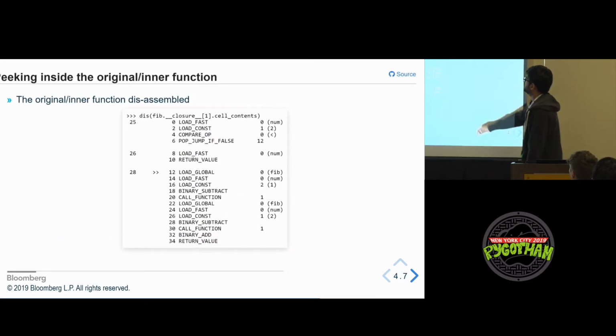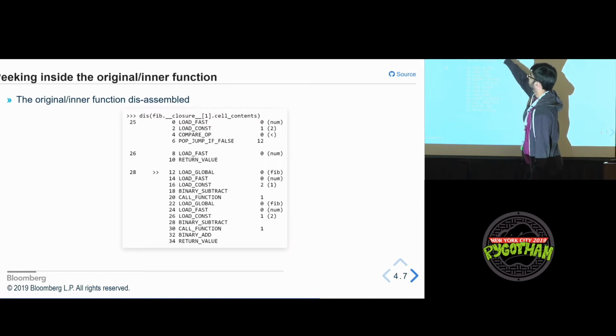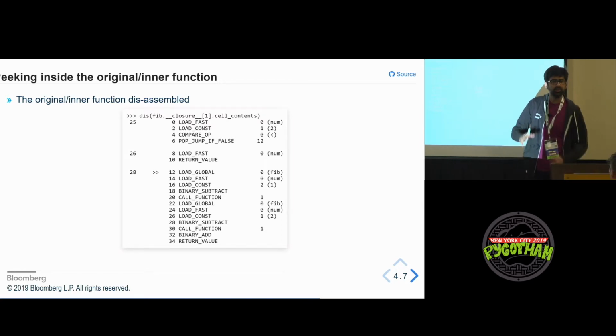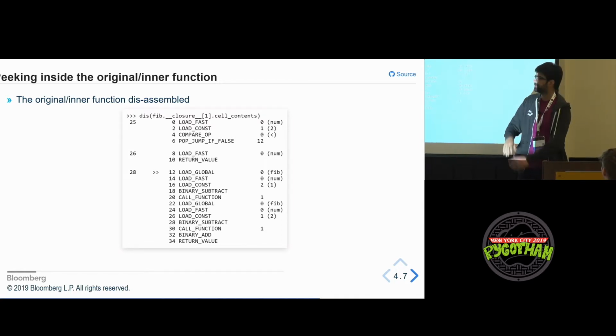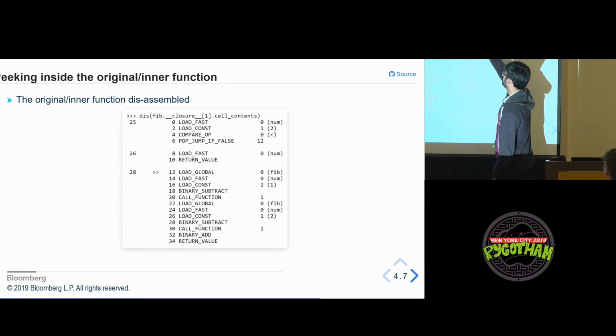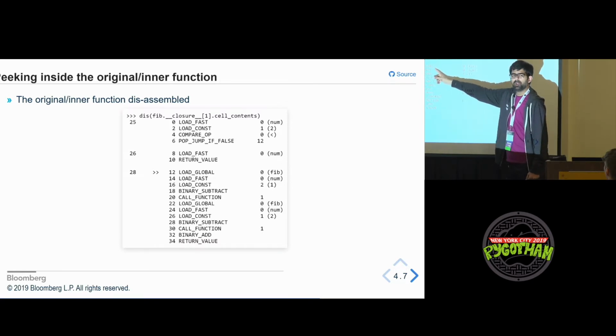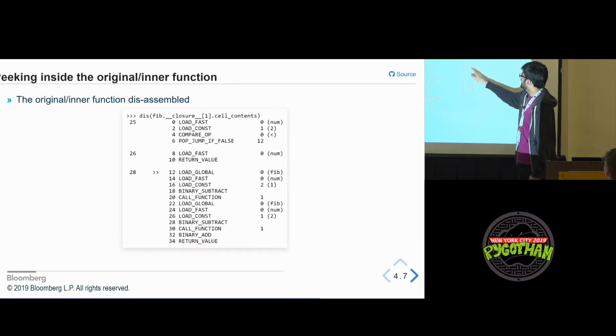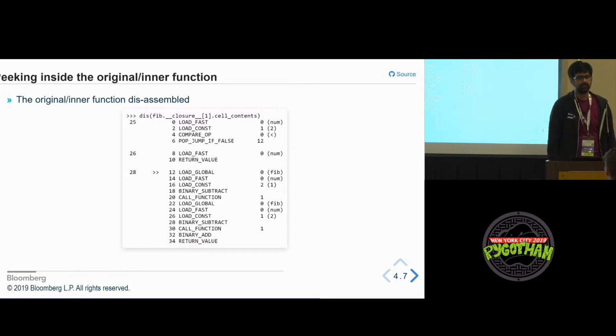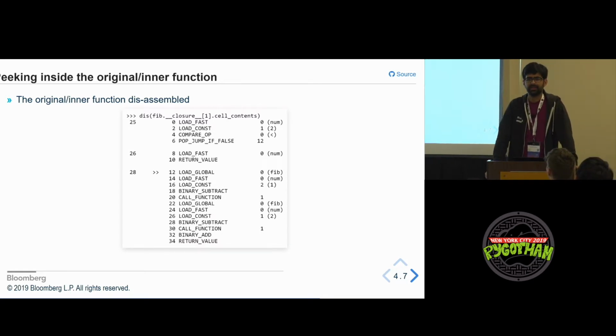What I want is to disassemble the inner function, the original fib, which I passed into the decorator. So blah, blah, blah, here. It loads a global object named fib. That's it. That's all there is to this whole confusing mess.